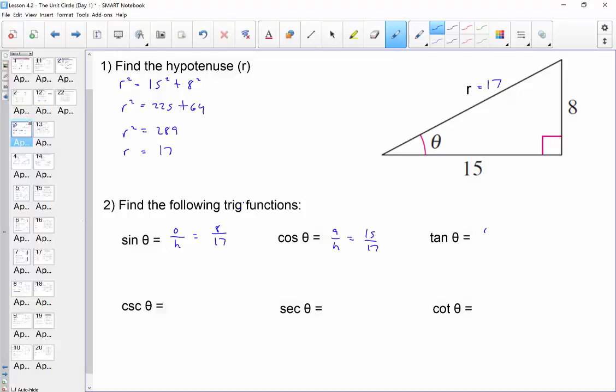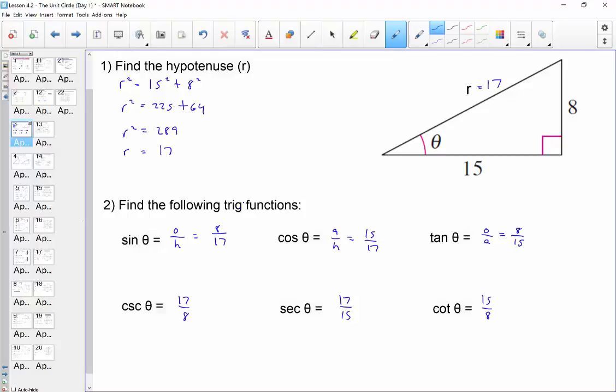And the tangent is equal to opposite over adjacent, which is equal to 8 over 15. Now for the remaining three functions, we could simply flip the fractions to find the inverse. So the cosecant of theta equals 17 over 8. The secant of theta equals 17 over 15, and the cotangent of theta equals 15 over 8.